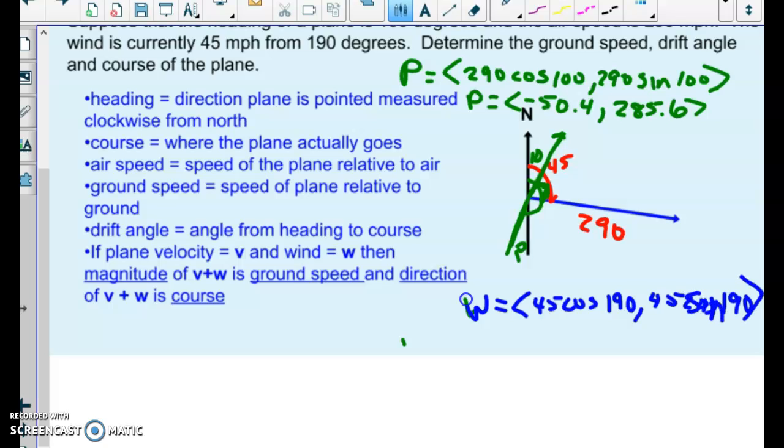And let me get those numbers. Well, when I got these two numbers, I got negative 44.3, negative 7.8. But we have to look at our picture. My 190 is where it's from. It's down here in the third quadrant, so both of them were negative.